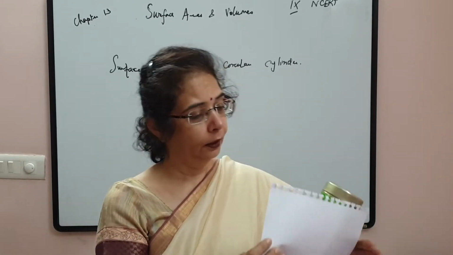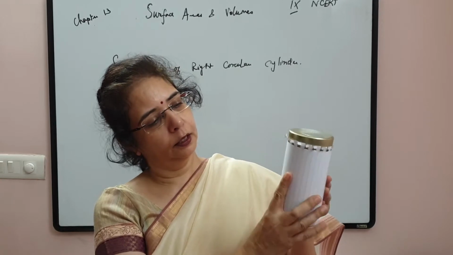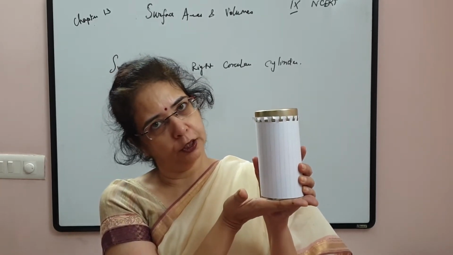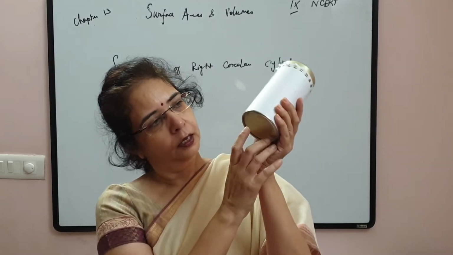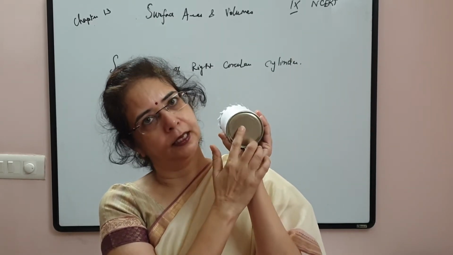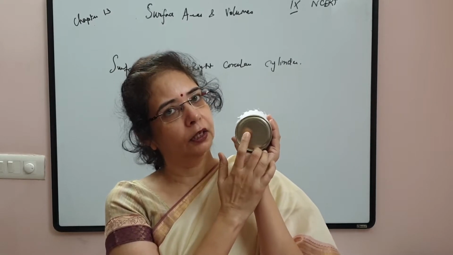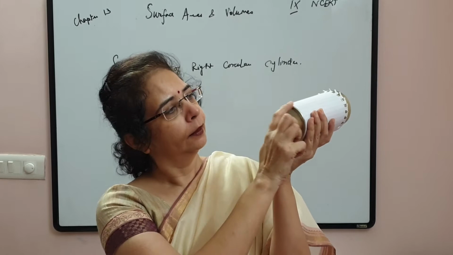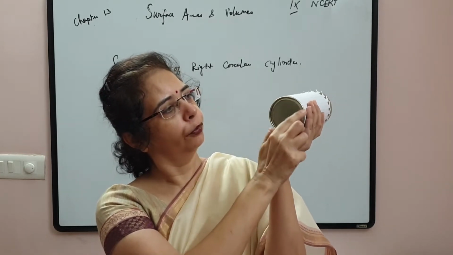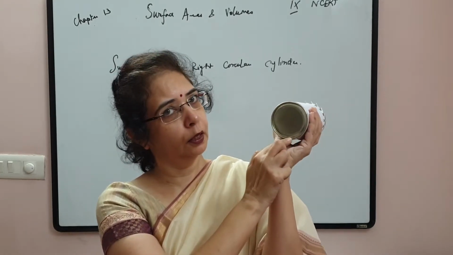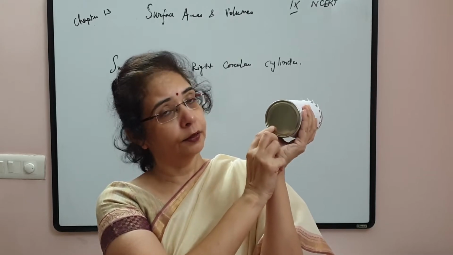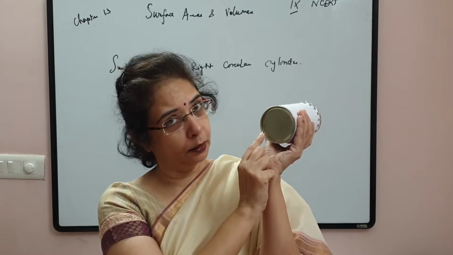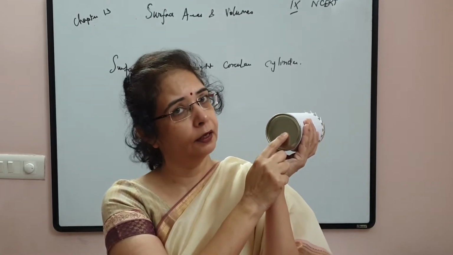Look, children, this curved surface area is based on the foundation circle. If the radius of this circle is r, then this is the circumference of the circle with radius r.